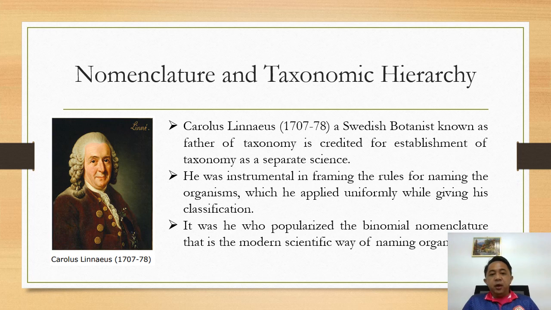Now, it was he who popularized the binomial nomenclature, the modern scientific way of naming organisms. So when we say taxonomic hierarchy, we will start from the domain, the kingdom, and then going down to the lowest level, which is the species. Okay.